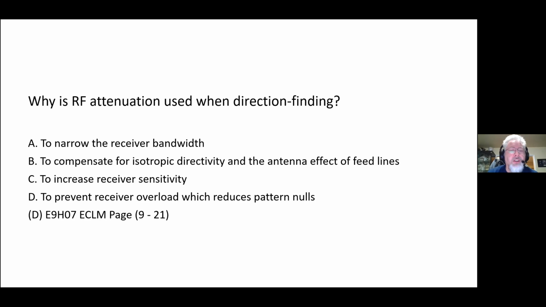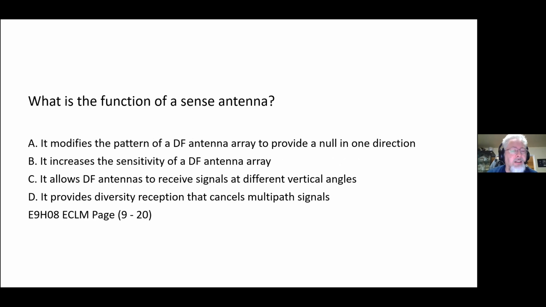What is the function of a sense antenna? A, it modifies the pattern of a DF antenna array to provide a null in one direction. B, it increases the sensitivity of a DF antenna array.